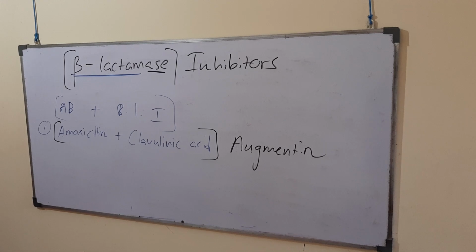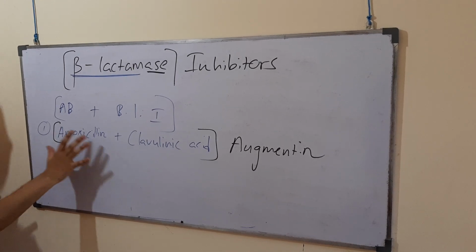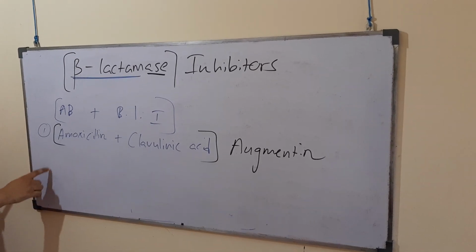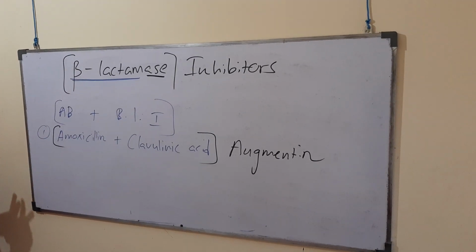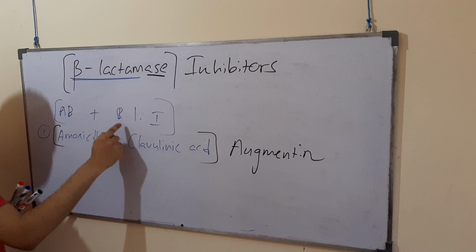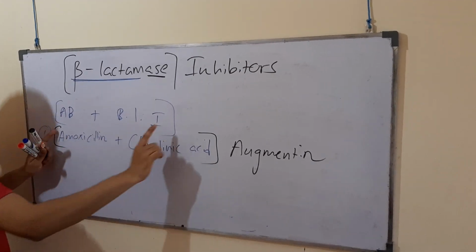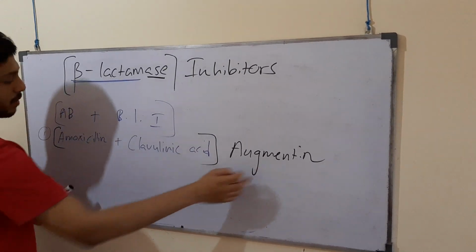This is the most classical example for this formula. The antibiotic is amoxicillin, and clavulanic acid is the beta lactamase inhibitor. So the combination of this is known as augmentin.